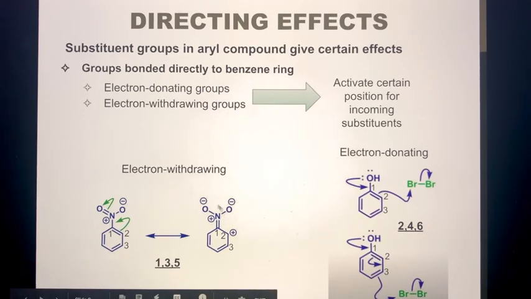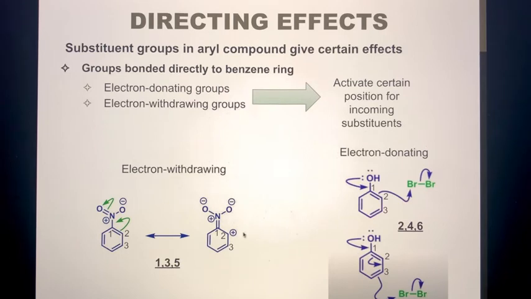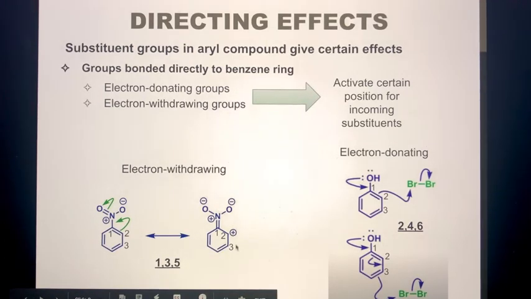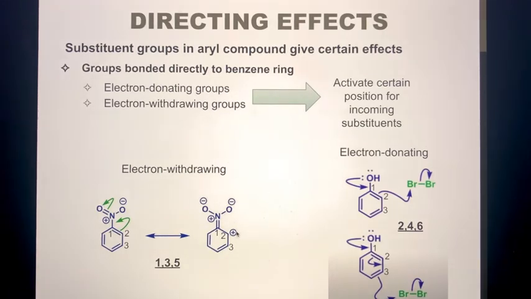Let's say group A wants to react with benzene, but this nitro group will control the incoming group A. So the nitro group will say, I think group A, you should go to carbon number 2, or you should go to carbon number 3. That's why the nitro group will control which position the incoming group will go to in the benzene ring. That's called the directing effect.